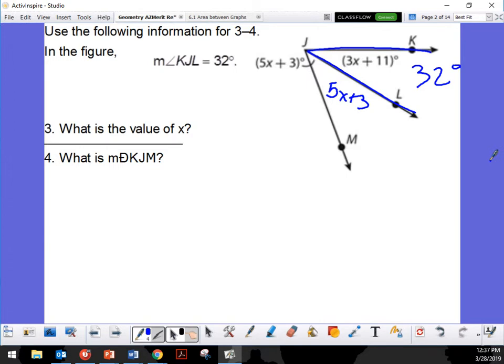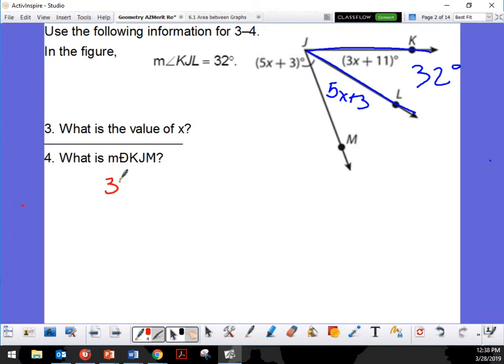So first thing I'm going to do is solve for x. To solve for x, I need to have two values that I know. I do know what KJL is. What is that? 32, right? The angle is 32.